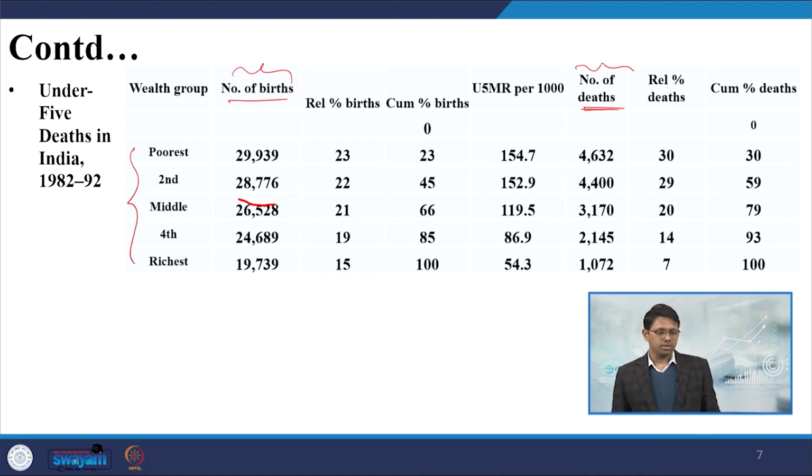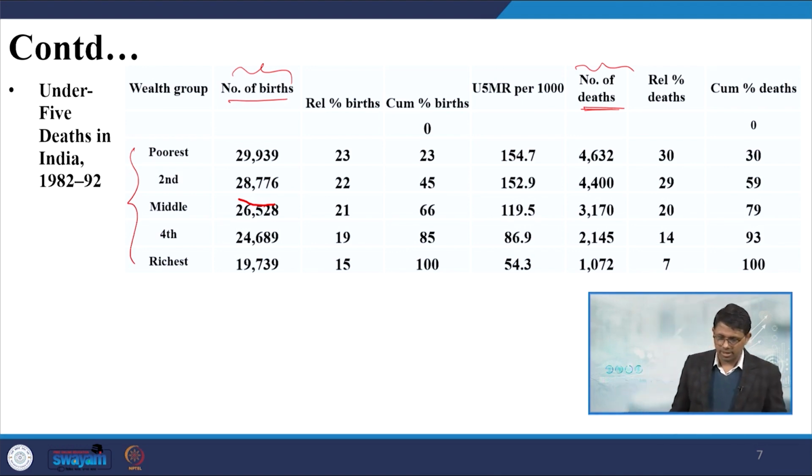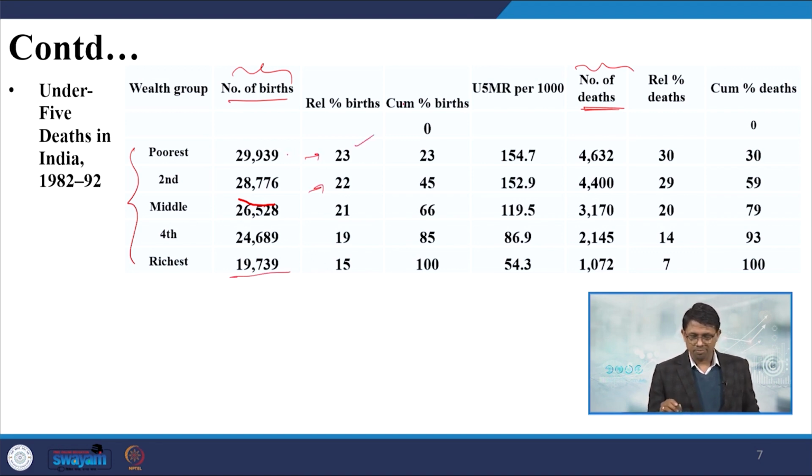The first aspect is the relative birth percentage. So what is done, this is 23%, this is 22%, and so on, divided by the total number, we will find this. Then here is the cumulative percentage of birth, and another figure is the under 5 mortality rate per 1000 population.